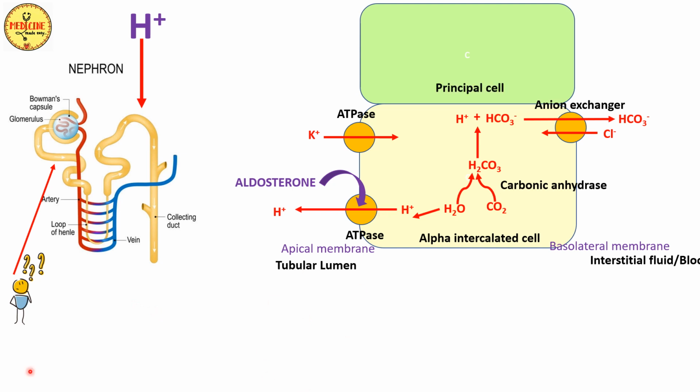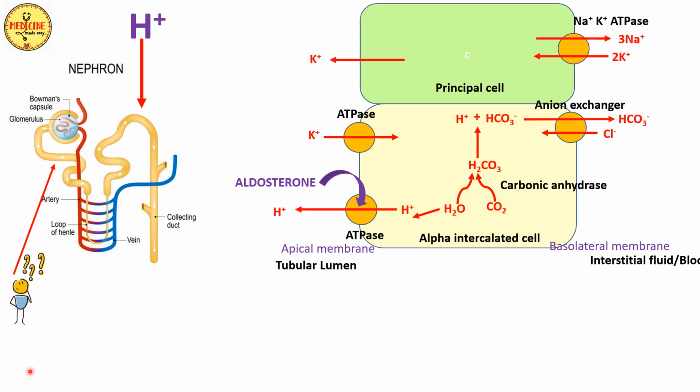We also have another cell in the collecting duct, which is the principal cell. The principal cell has its sodium-potassium ATPase at the basolateral membrane. This is the well-known sodium-potassium ATPase which transports 3 sodium ions out of the cells and 2 potassium into the cells. Why is this important?